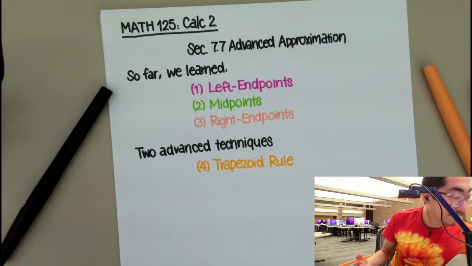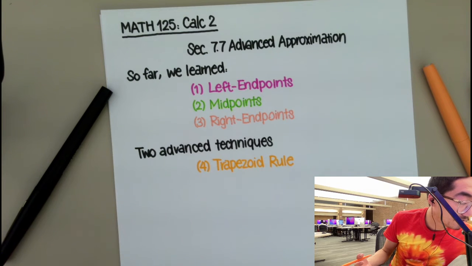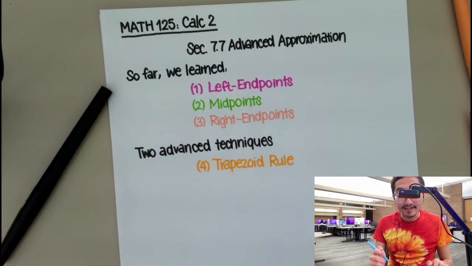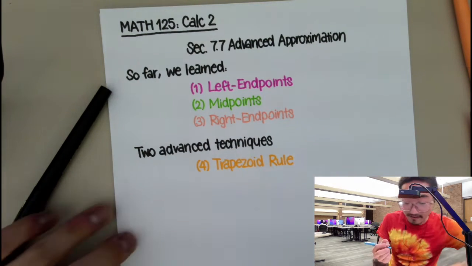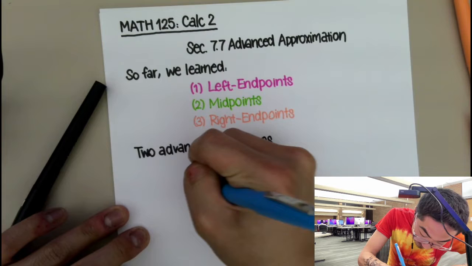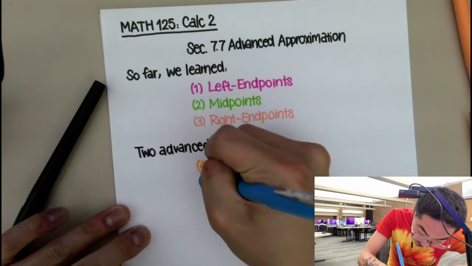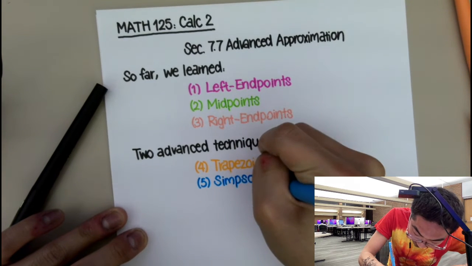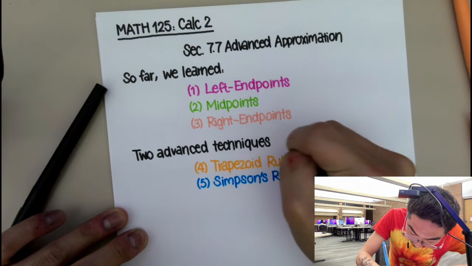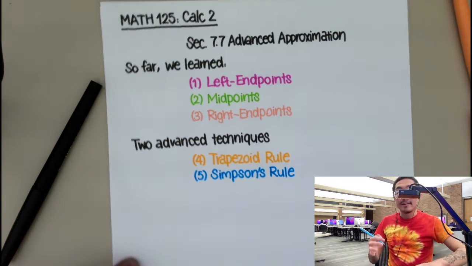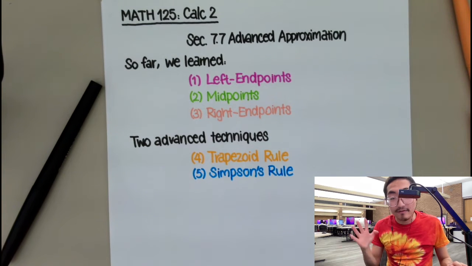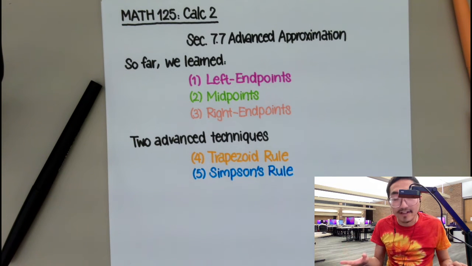Number five is Simpson's rule. Those are the five most common ways to approximate an integral when you cannot integrate it or the integral is too hard to compute.